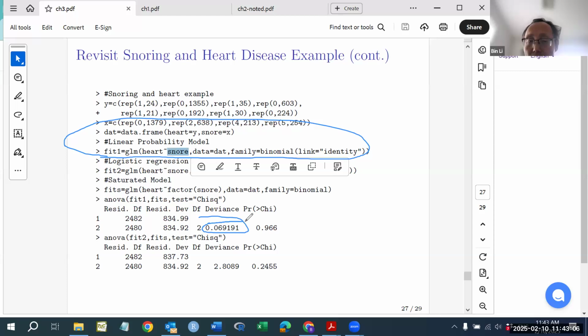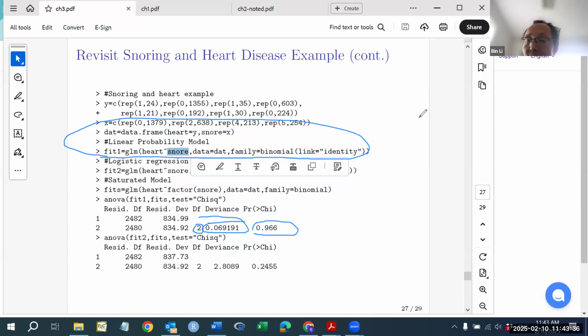That's the deviance between the 2 models. The first one is the linear probability model, and the second one is the saturated model. And we can run the chi-square test. The p-value is 0.966. And you may ask, how do we get that p-value? Because the degrees of freedom is 2.